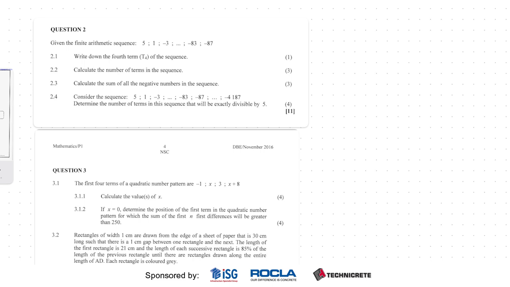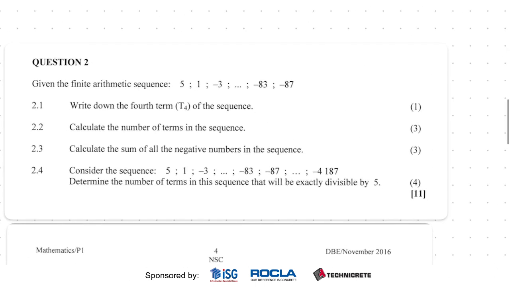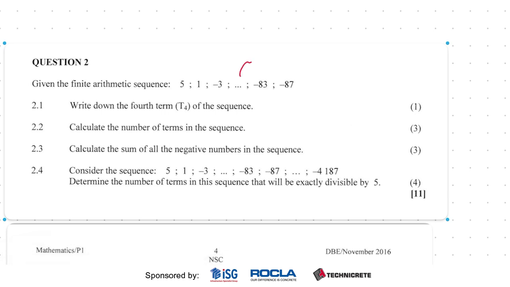Okay, so let's start with question 2. Given the finite arithmetic sequence 5, 1, minus 3, and so on, negative 83, negative 87. There are quite a couple of terms here that they've left out. That's what the 3 dots mean. We can see it's changing by 4.